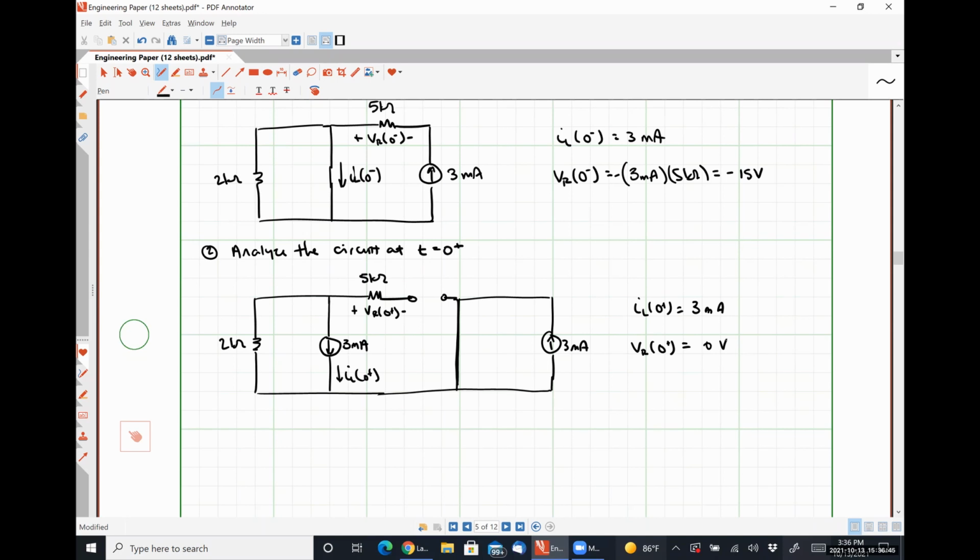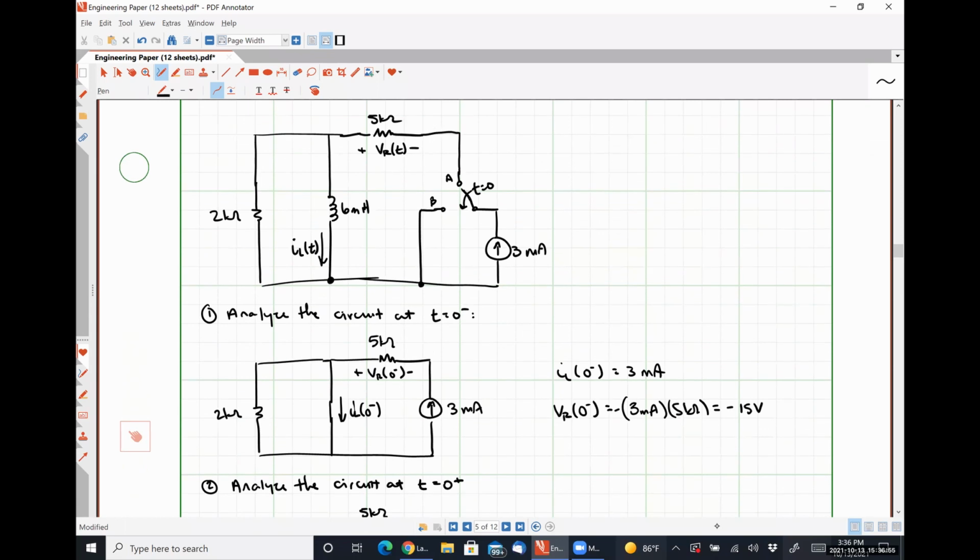I'm going to skip ahead to step 4. Let's look at what this switch is doing. Fantastic question, it's good for you to understand what's happening. This is our pivot point for the switch, and up here is position A, which is connected to that 5 kilo ohm resistor.